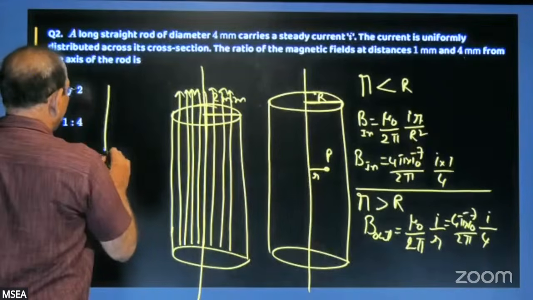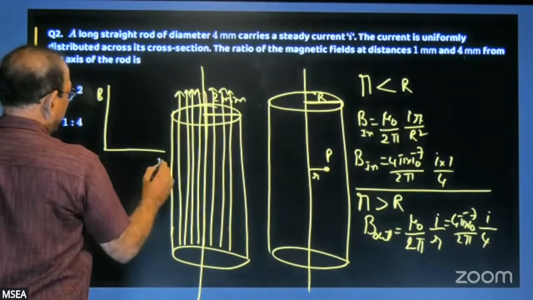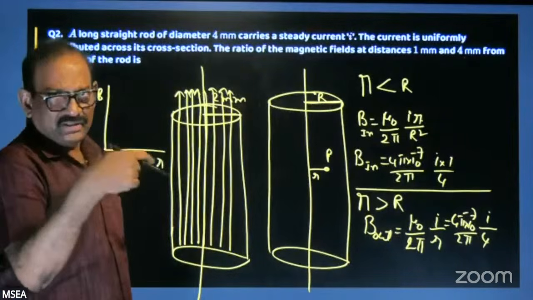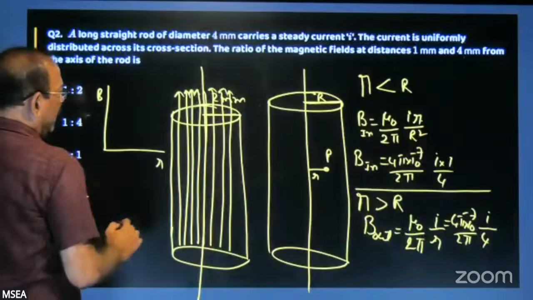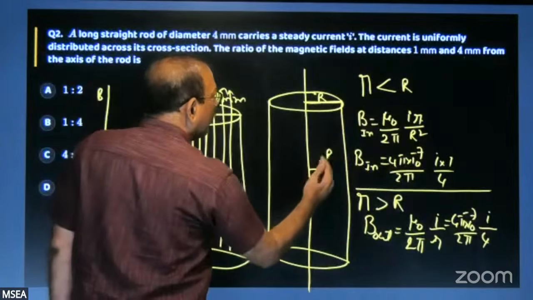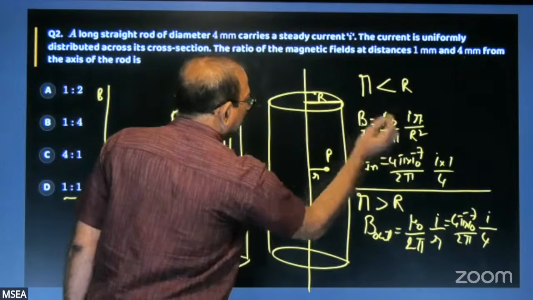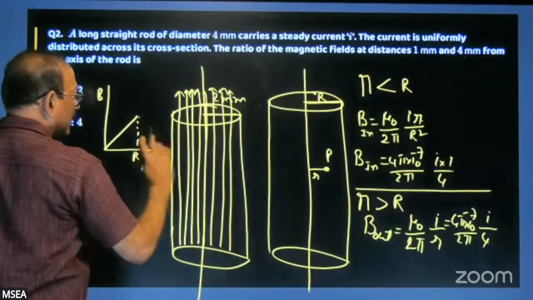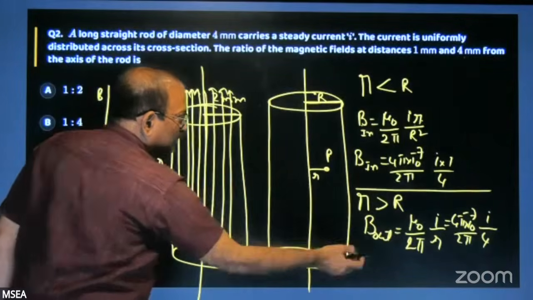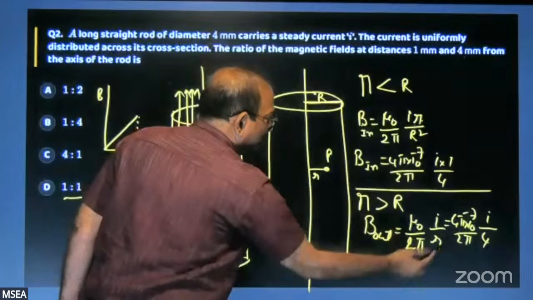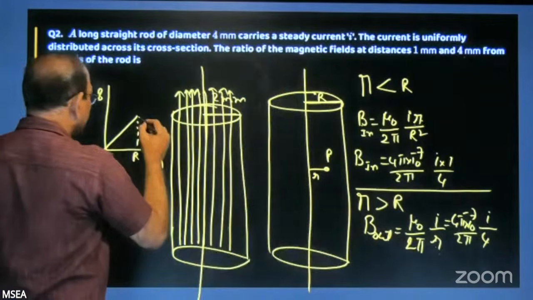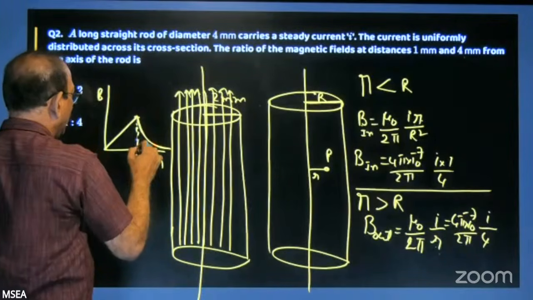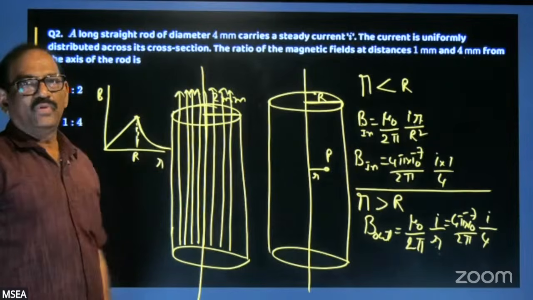For this B-r graph also, remember, earlier, I think in 2022-23, they asked this graph, B-r graph. Inside the conductor, B is directly proportional to r, a straight line you will get up to capital R distance. Outside, B is inversely proportional to r. This rectangular hyperbola you will get.